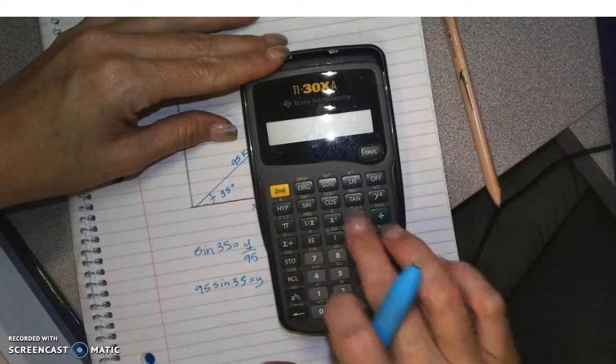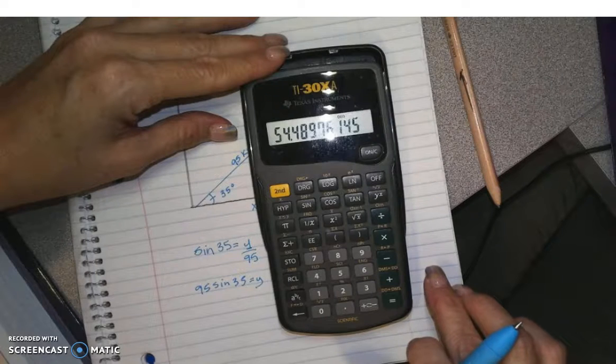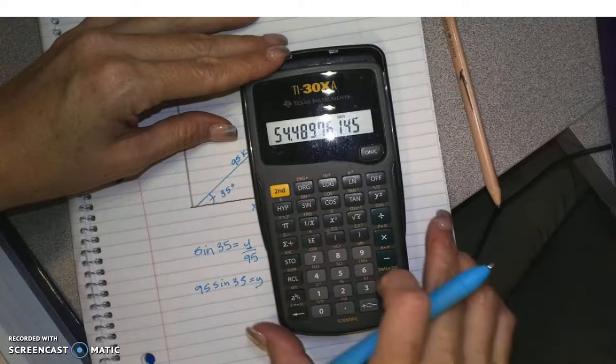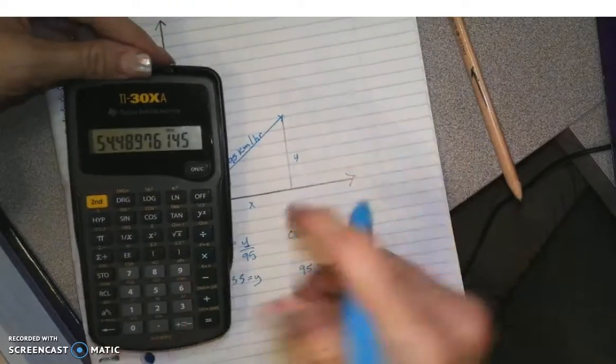So sine of 35 times 95 gives us 55 or 54.5 for our y.